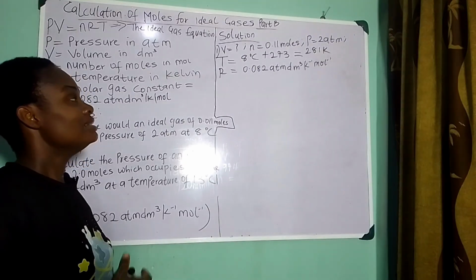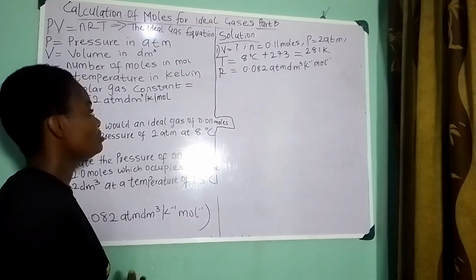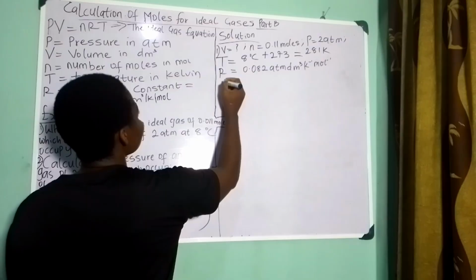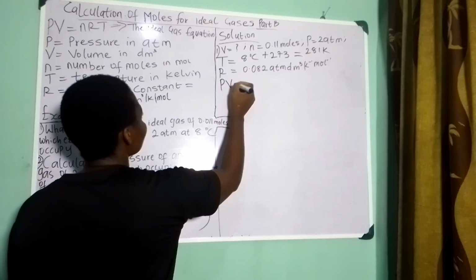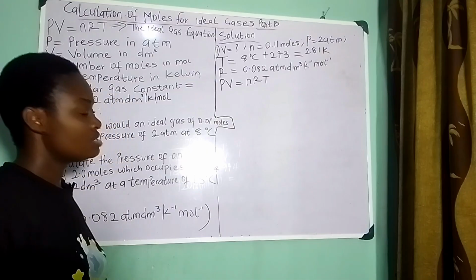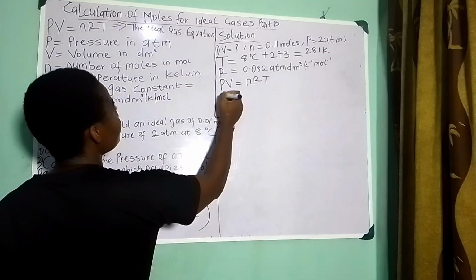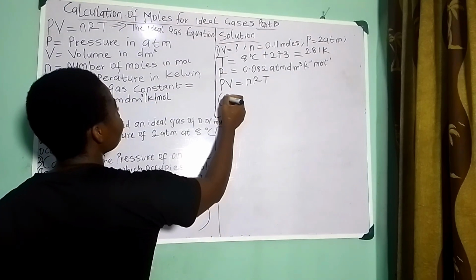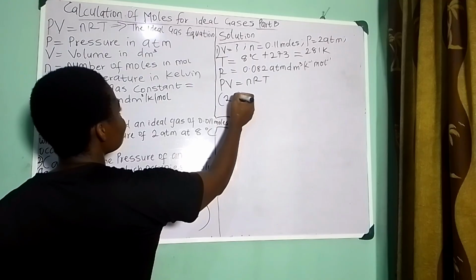Now let's go ahead, write down this equation and substitute our given parameters. So PV equals nRT. Beautiful. What is our P? Our P is 2. What is our V?